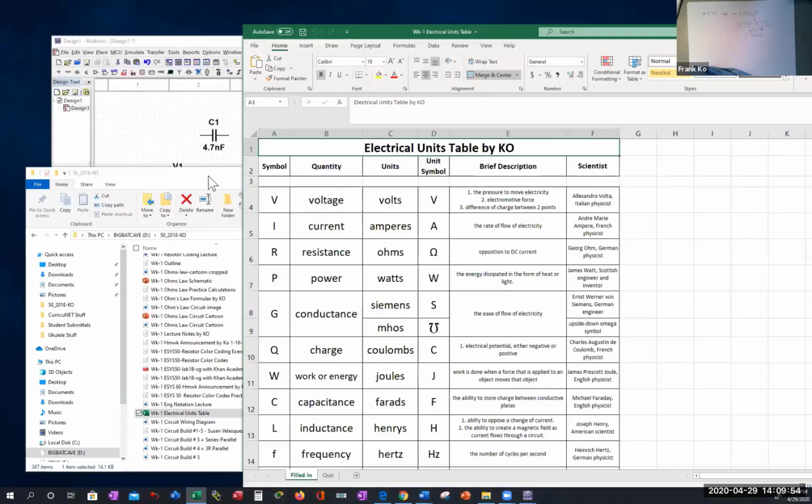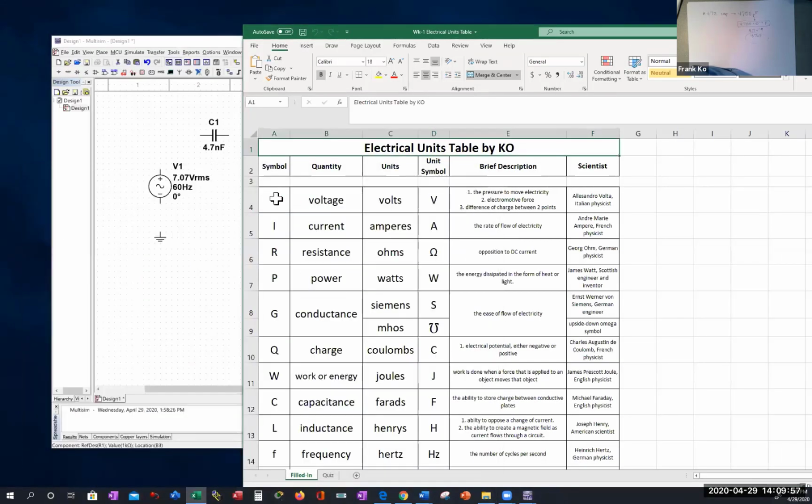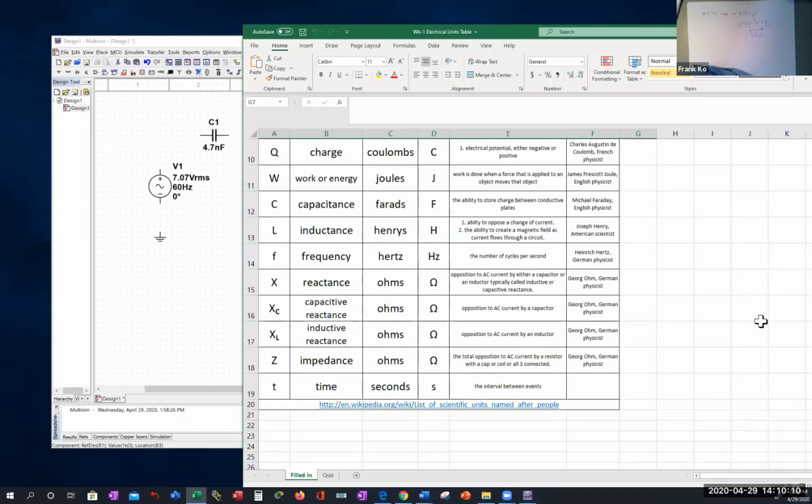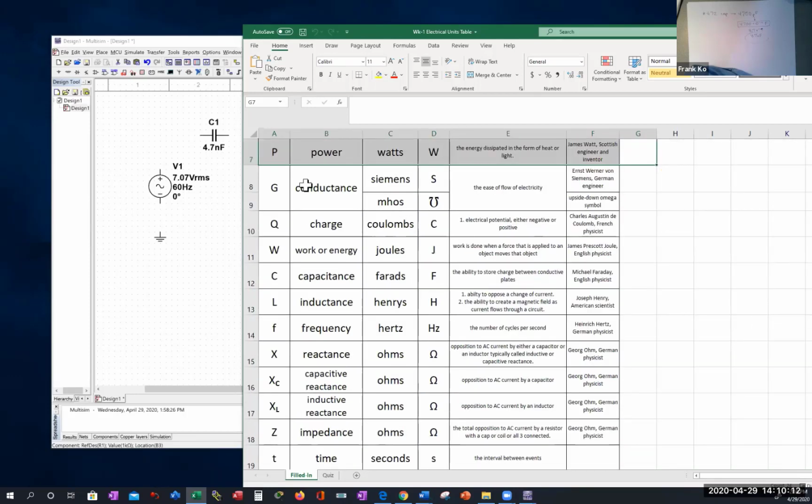In my electrical units table, we started off reviewing what is voltage all the way through power. Those are the basic ones we started off with, which is VIRP. Then there's a discussion here. What is conductance? What is charge? We got into a discussion a couple of weeks ago regarding capacitance.